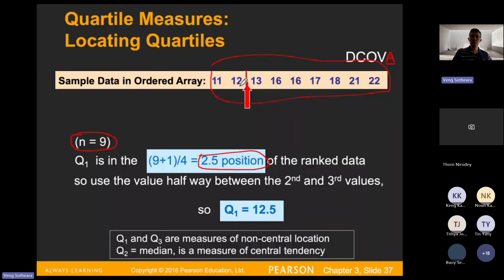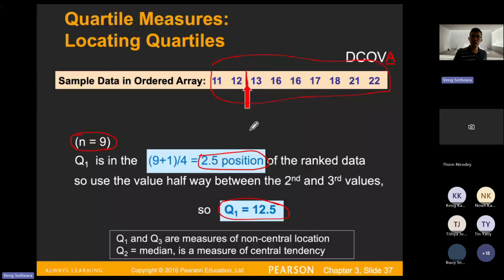So you get their values, sum up, and divide by 2. So 12 plus 13 divided by 2, then you will get 12.5. 12.5 is the Q1.